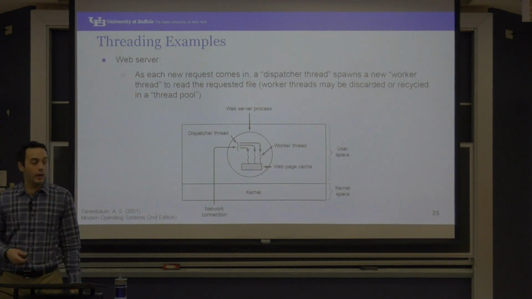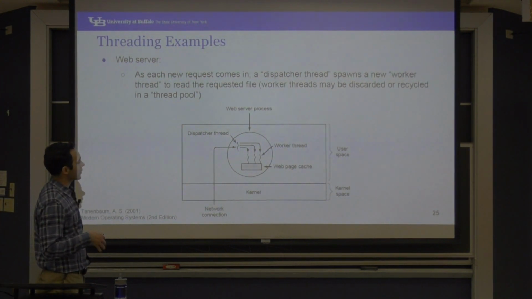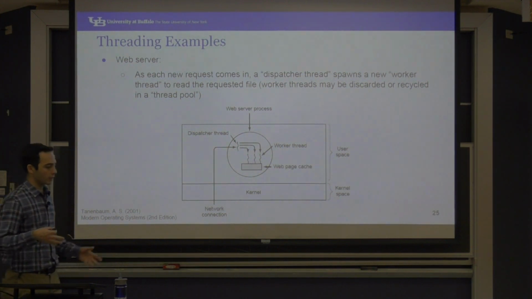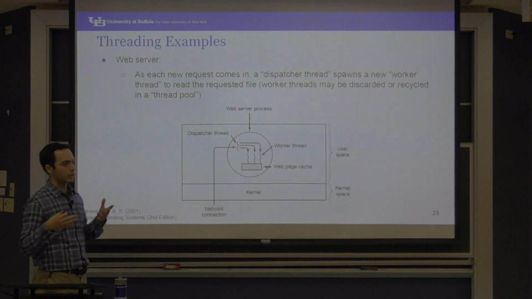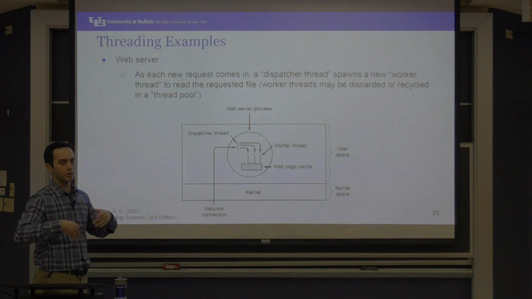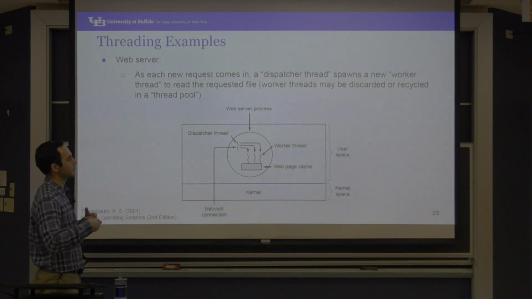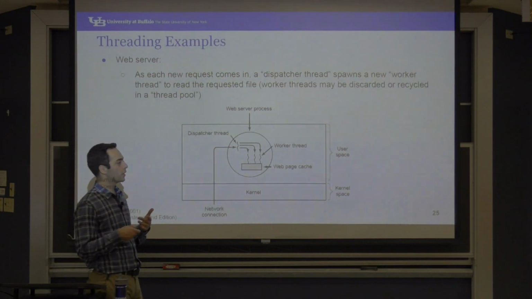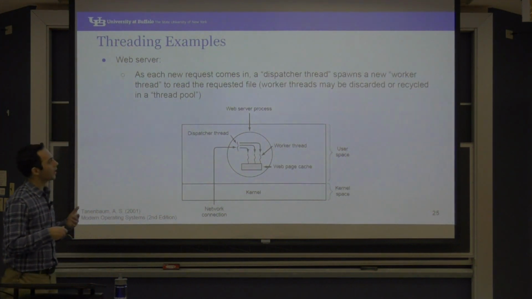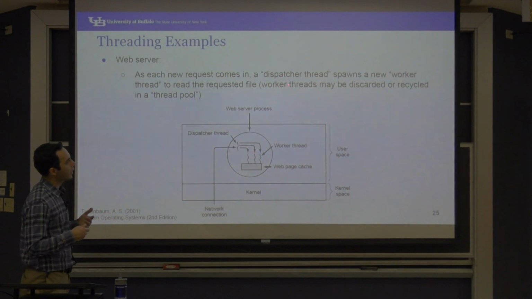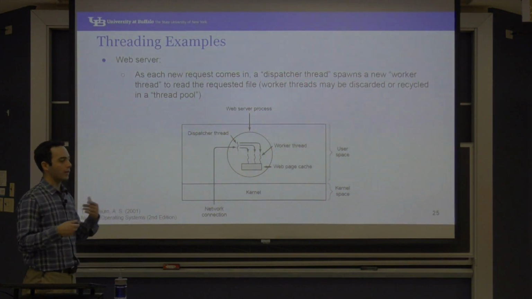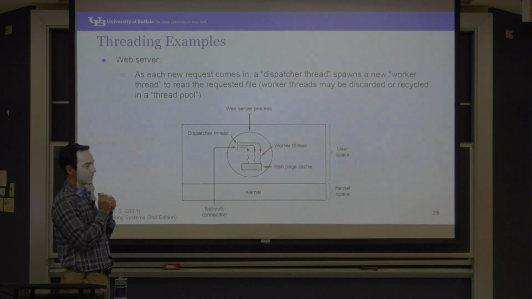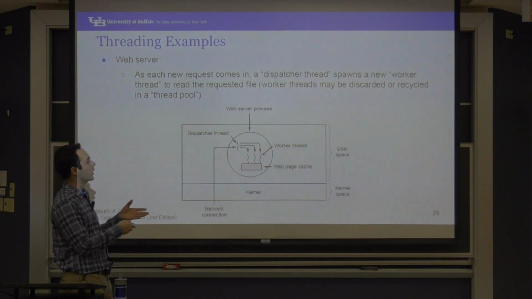So another example, a real example, is a web server. A web server is a process. It wants to handle requests from clients, but it definitely cannot do it with a single thread, right? So what it does is have a dispatcher thread that accepts the request and then gives it to a worker thread to handle.